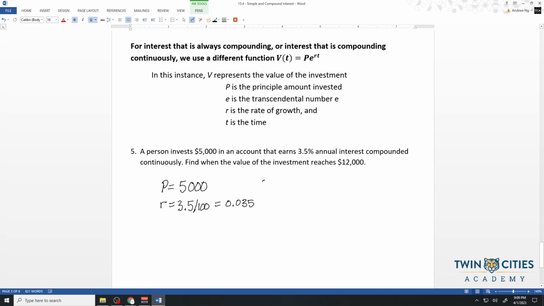All right, putting this together, I get 5,000 parentheses 1 plus, oh no, sorry, ignore that, 5,000 times e. I already forgot. It's continuously. So we have to use this. E to the RT. So up here, I'll do my 0.035. And then T.